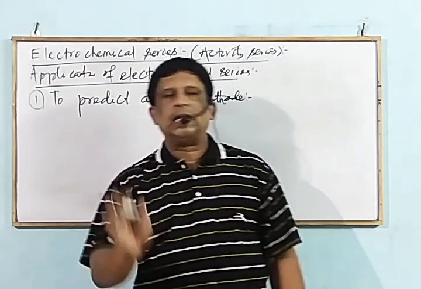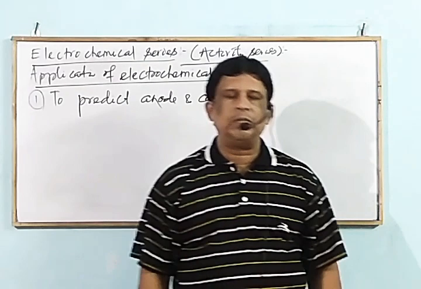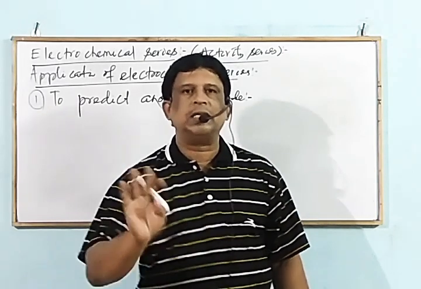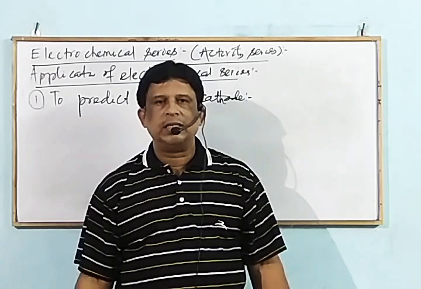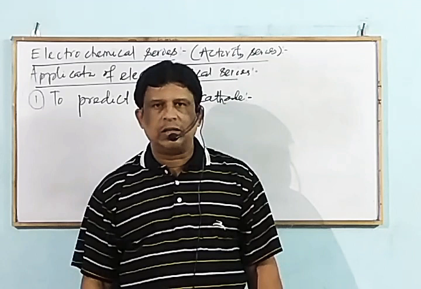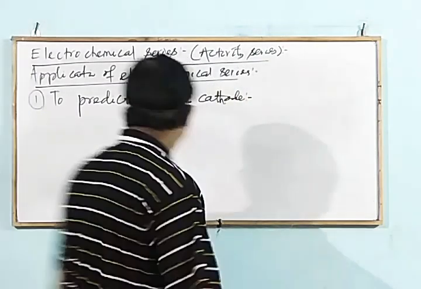Then two data are there in the reduction potential form. Mark which one possesses lower reduction potential. That one is the anode, while the one with higher reduction potential is the cathode. I repeat again.